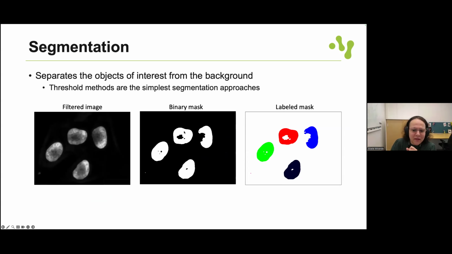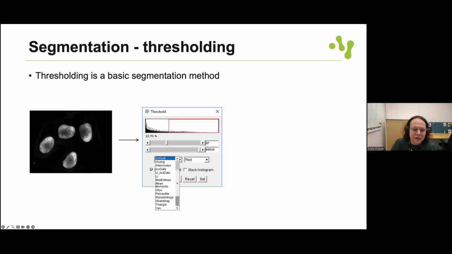Segmenting means separating the objects of interest, but the outcome is usually a binary mask, right? Which we can label later on. Thresholding is one of the most common methods. In Fiji, you can try different segmentation methods. If you have a set of images with similar samples, we recommend choosing one of these methods and applying it to all the images that you have.